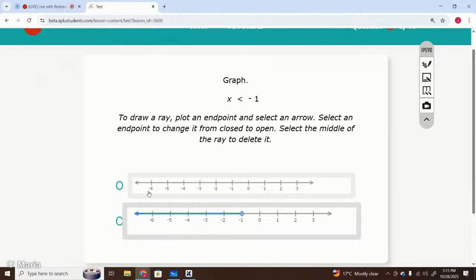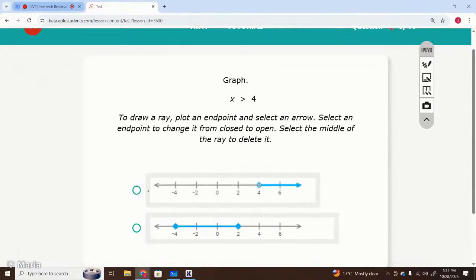All the numbers that are less than negative 1 are negative 2, negative 3. Because on the negative side, as you are moving far from 0, the numbers are getting smaller and smaller. So option number 2 is the correct option.